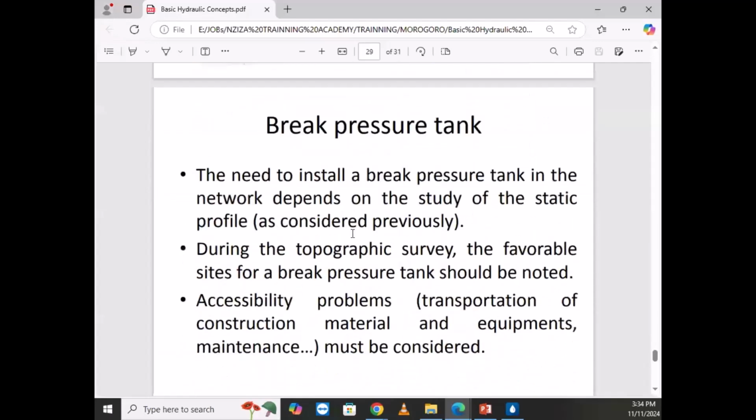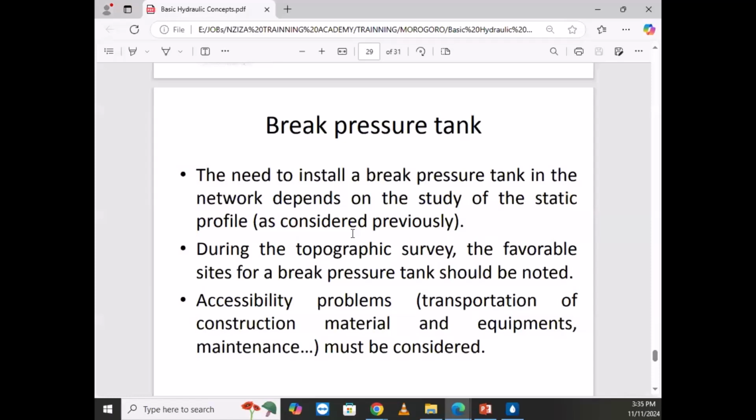So then, when you are thinking of a brake pressure tank, you already talked about a brake pressure. I think you always use it during your designs. So your brake pressure tank, you have also to position it at the place where you want just to break the pressure.